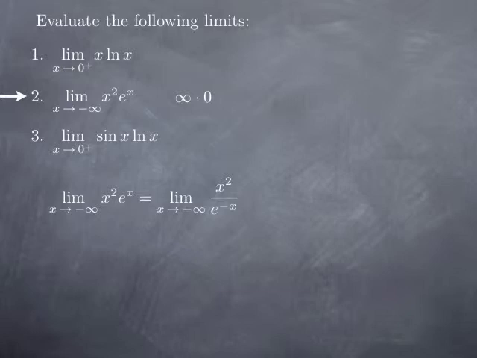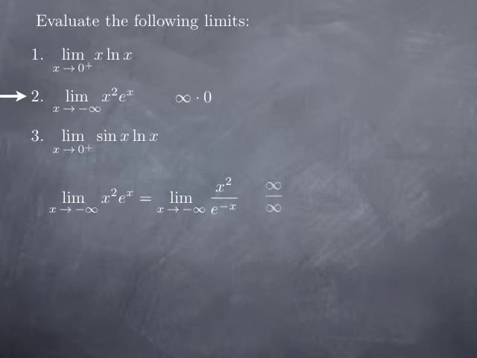Multiplying by e to the x is like dividing by 1 over e to the x, and 1 over e to the x is really e to the negative x. So one way to rewrite that is the limit at negative infinity of x squared divided by e to the negative x. Now, if x goes to negative infinity, negative x goes to positive infinity, and e to the negative x goes to infinity.